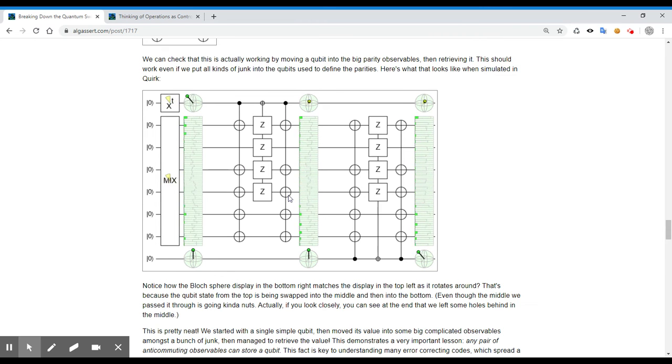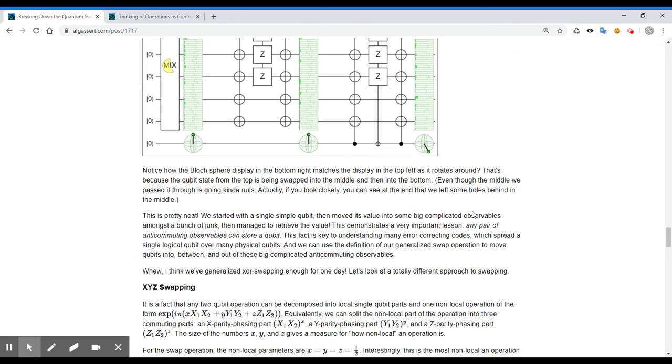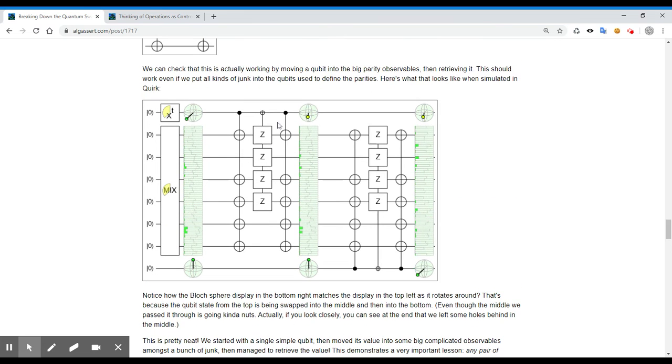So, what does this mean? Why is this done twice?